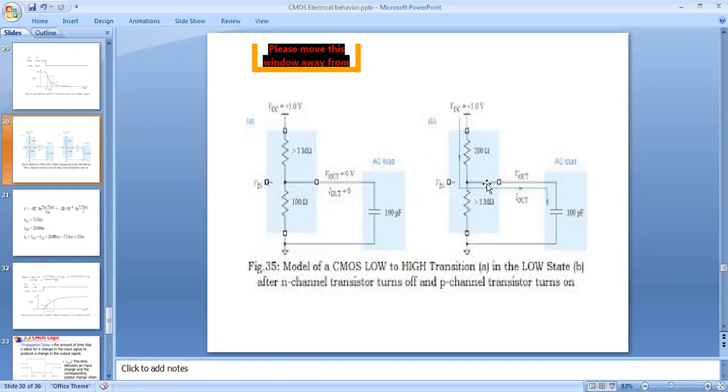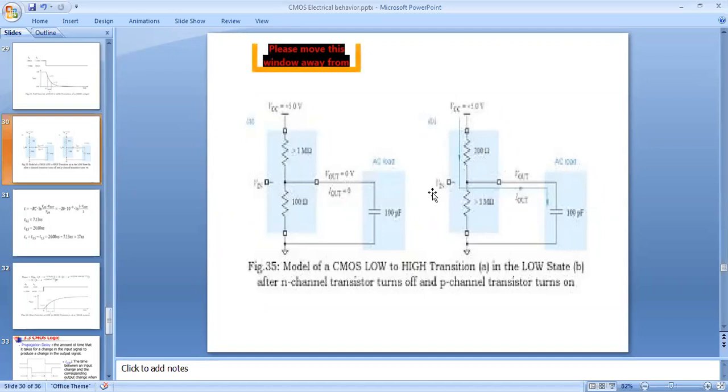Similarly, draw this figure, Figure B. The output is at high state. Observe here, whenever the output is high, the input is low.